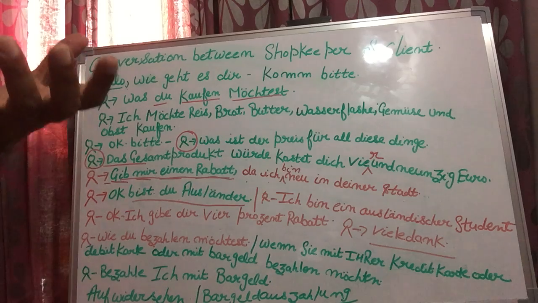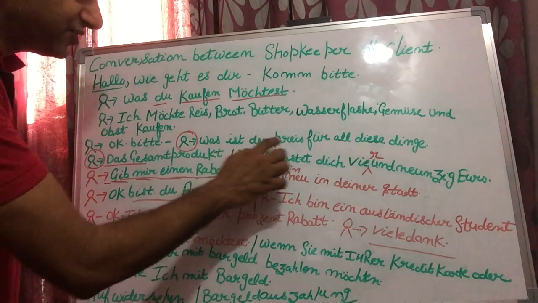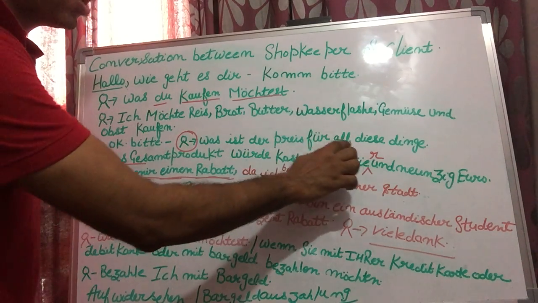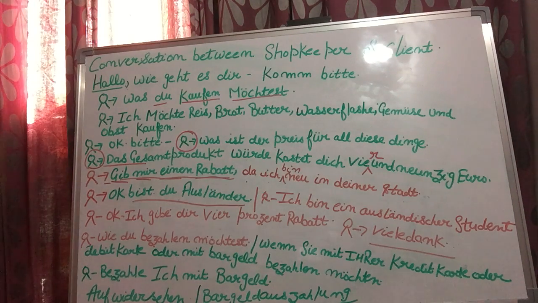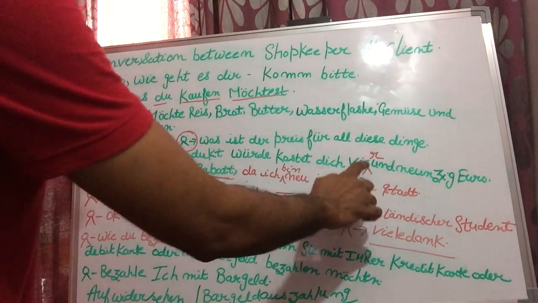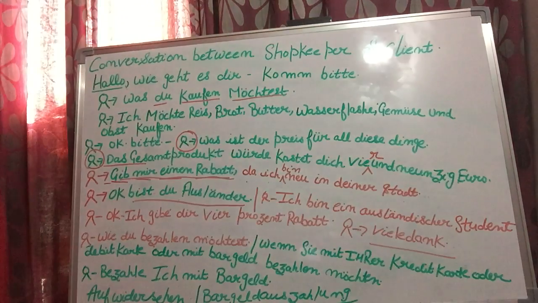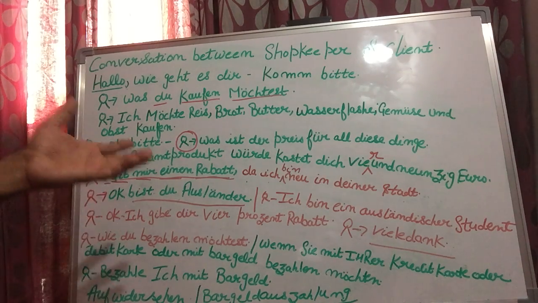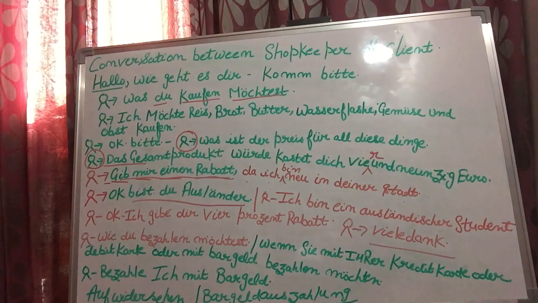Now the client will say, was ist der Preis für all diese Dinge? What is the price of all these things? Then the shopkeeper will say, das Gesamtprodukt würde kostet dich 94 Euro. It means the total product would cost you 94 Euro.